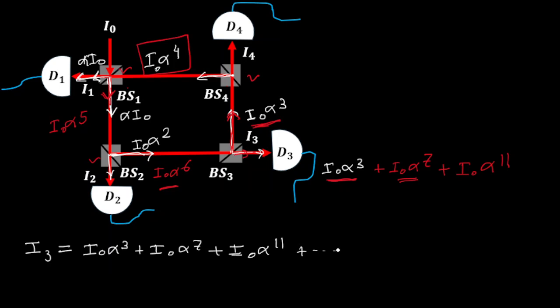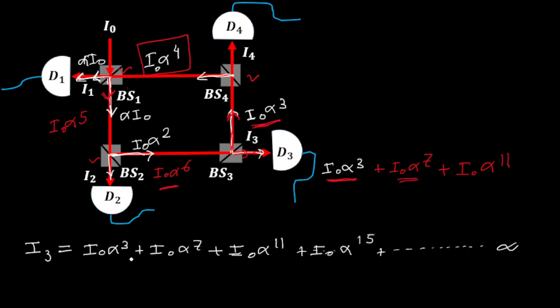And so on; after the fourth cycle it will be I naught alpha to the power 15, and so on. An infinite number of cycles will continue, so the net intensity will be the sum of all these intensities.